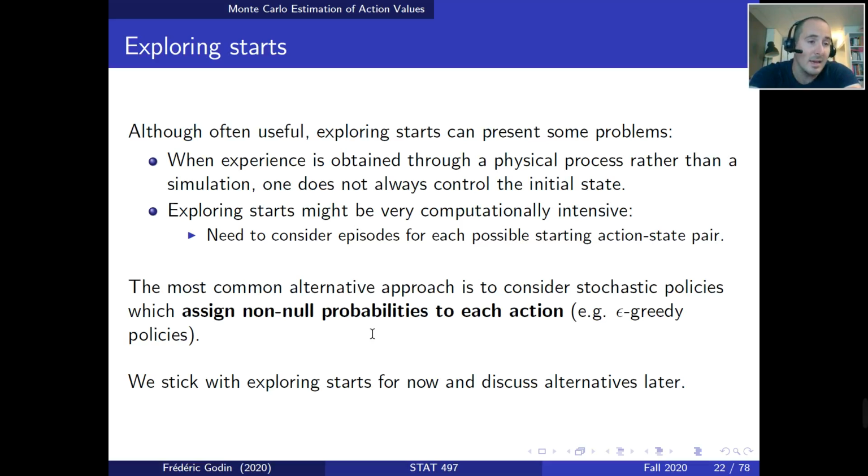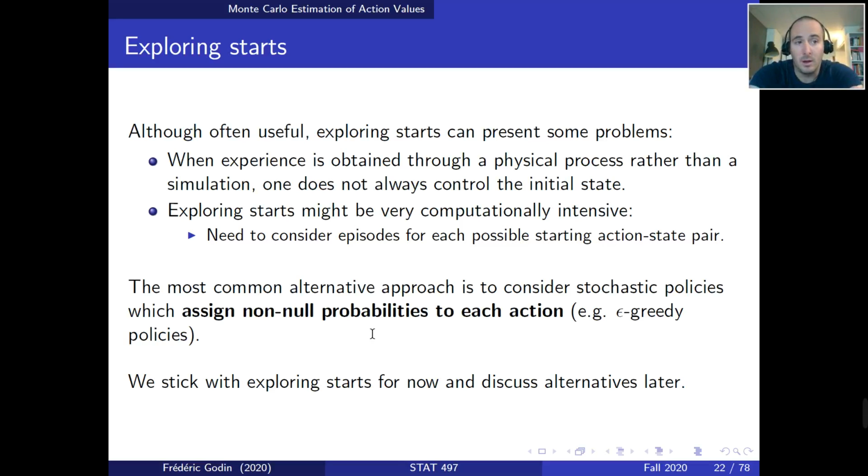So it might be impossible to do exploring starts, because sometimes it's impossible to say, hey, I'm going to start in state s. The initial state s is just the current state of the true environment, on which you don't necessarily have control. So this is one problem.